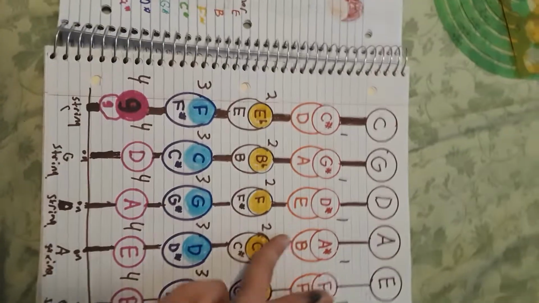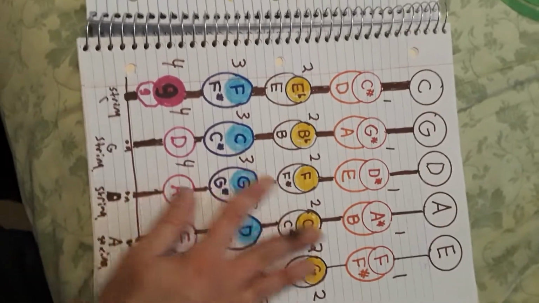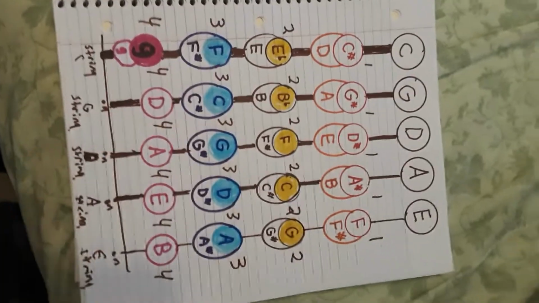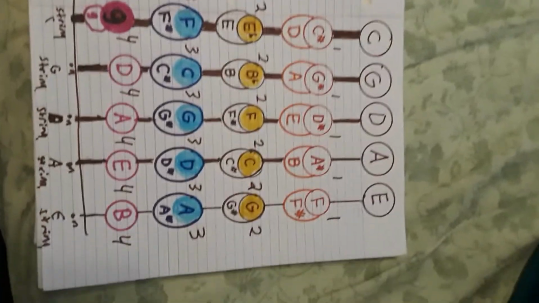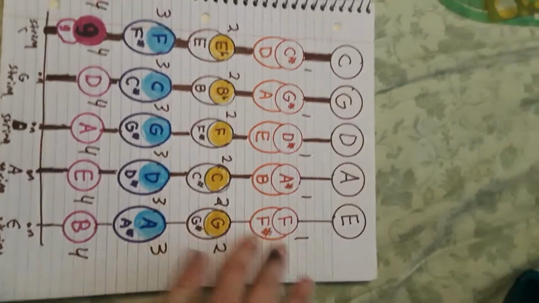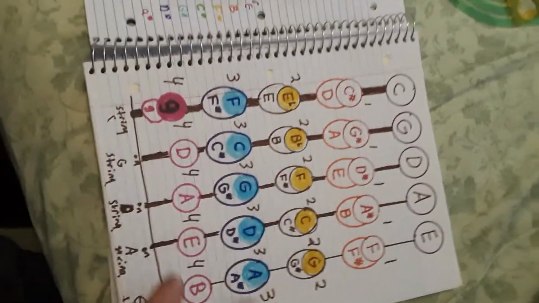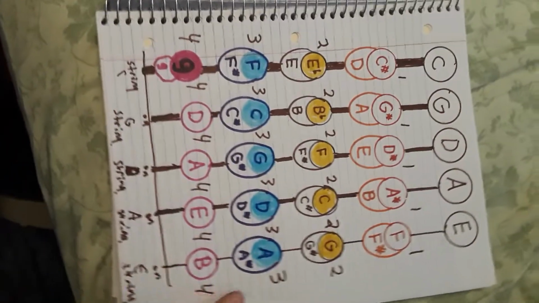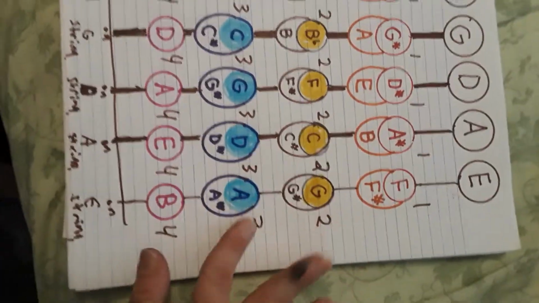Things like that. So B flat to B, going into the C, G to G sharp, going to the A, and D to D sharp, going to the E major, right? E sharp to F, going to the F sharp major, G to G sharp, going into the A major scale, and A to A sharp, going into the B major scale.